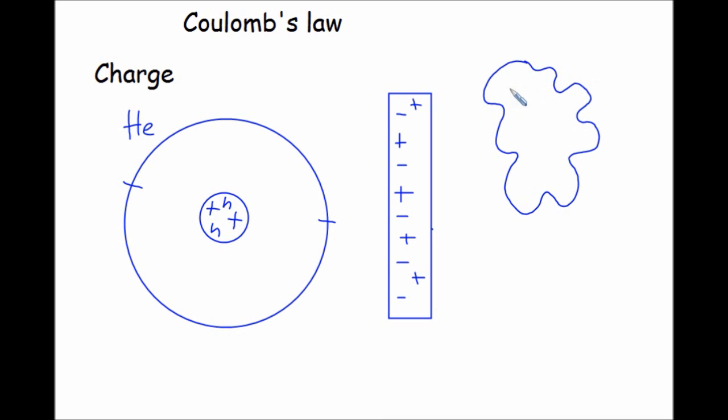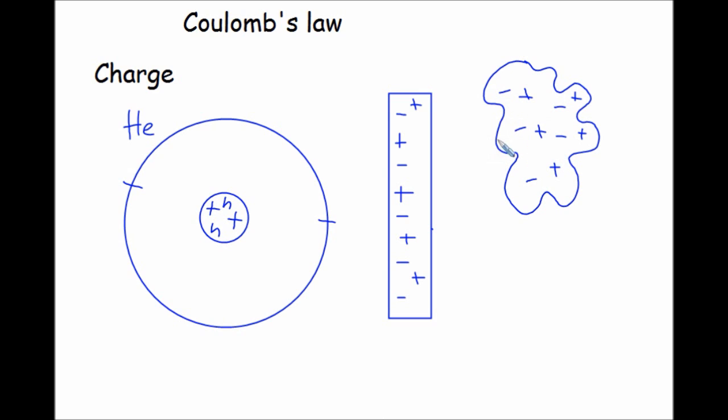This cloth is also neutral, so the number of electrons is equal to the number of protons. 1, 2, 3, 4, 5 protons, 1, 2, 3, 4, 5 electrons. So this cloth is also neutral.